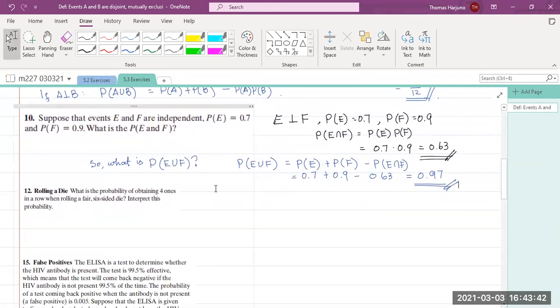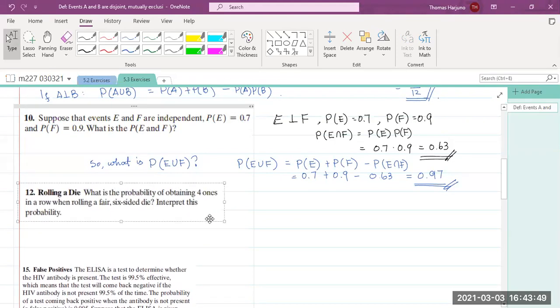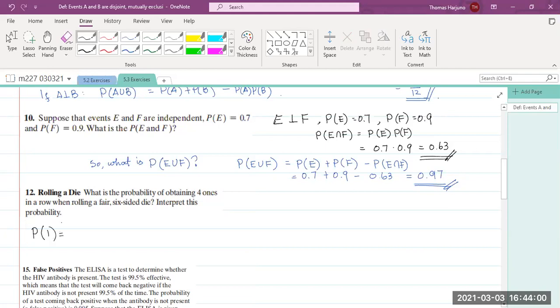Now, number 12. What is the probability of obtaining 4 ones in a row when rolling a fair 6-sided die? Probability of getting a 1 when you roll a fair 6-sided die is 1/6. Now, the thing is, we know that getting a 1 in the first roll is independent from getting a 1 in the next roll.